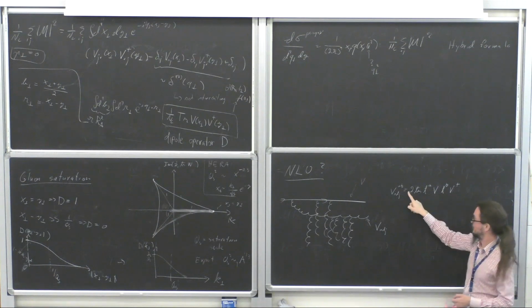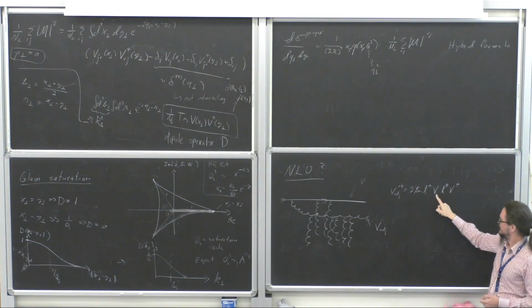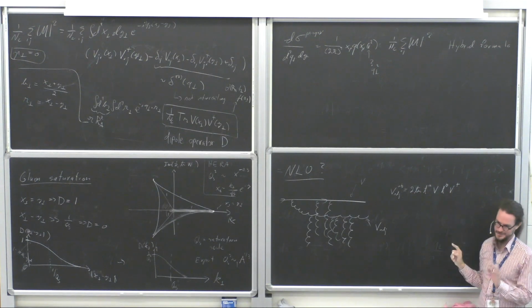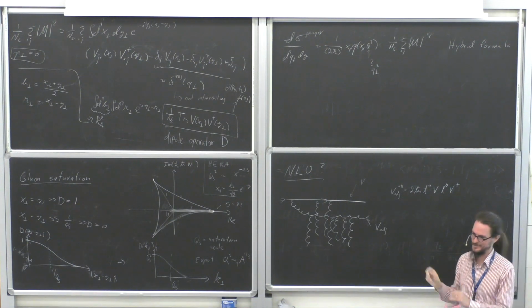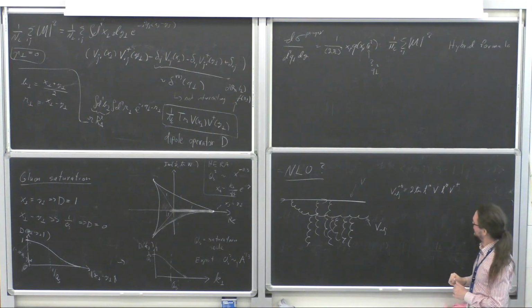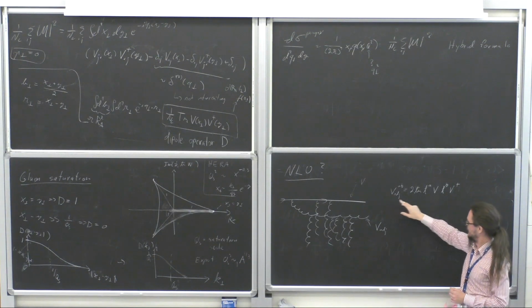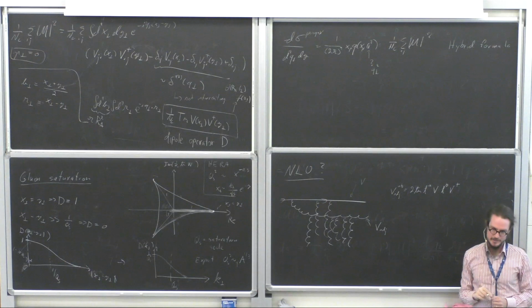I'm not sure about this. I hope this is right like this and not V dagger V. I don't trust myself. Anyway, there's a formula that looks more or less like this. So in some sense, an adjoint Wilson line is a little bit like two fundamental representation Wilson lines.